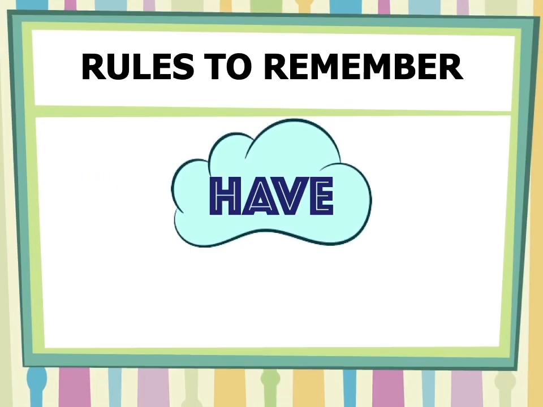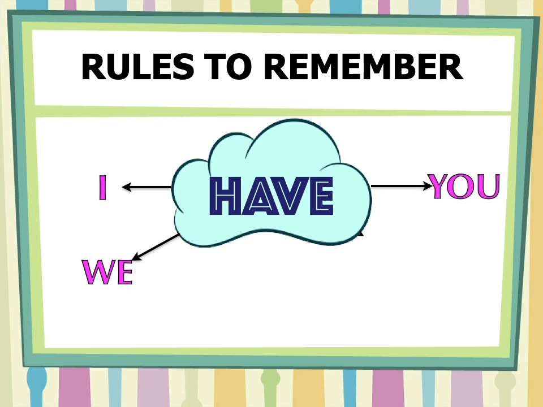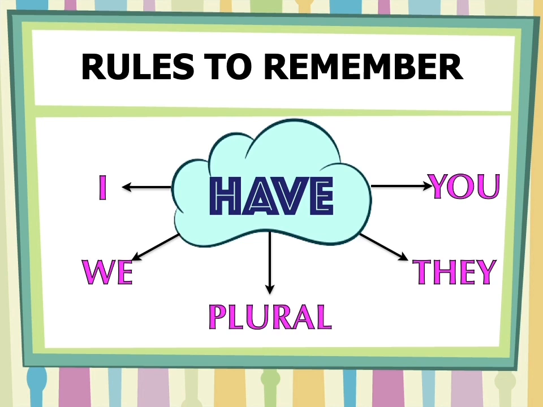Now let us see the rules for have. We use have with I, we, you, they, and plural nouns.